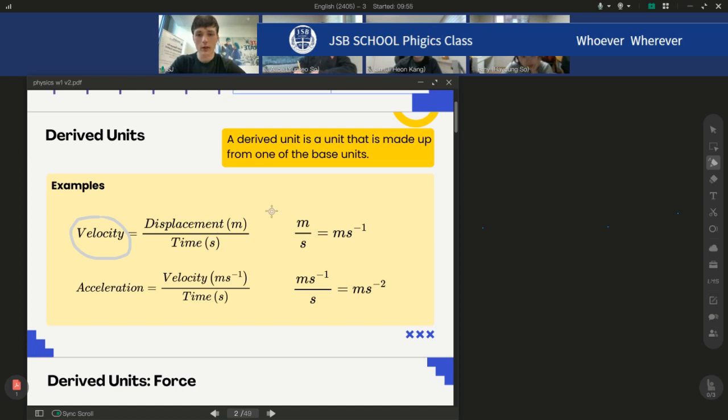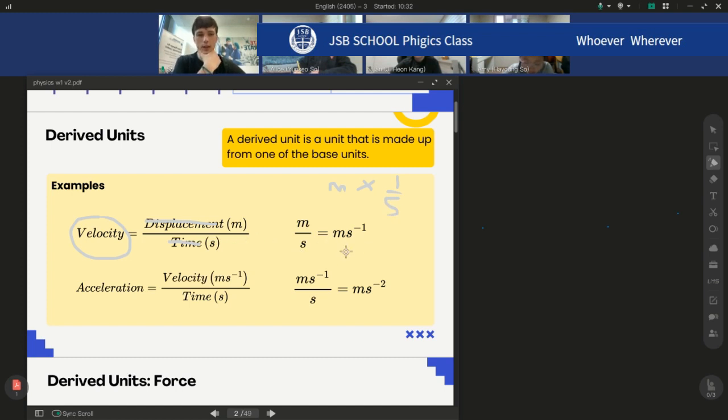Okay, good. So to find the unit, like I said before, we remove the quantities themselves from the equation, and what we're left with is m over s. So these are now base units of displacement and time. m over s can also be written as m times 1 over s.